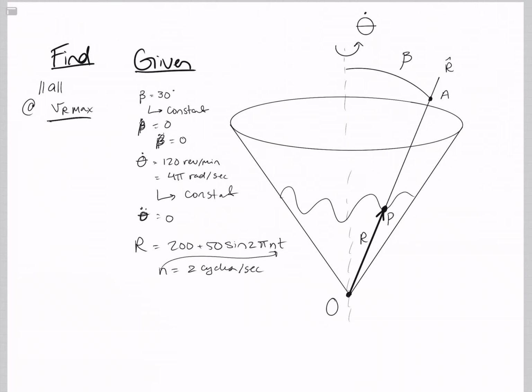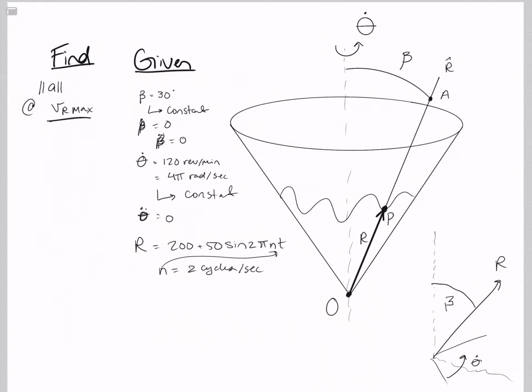Now, we're using spherical coordinate system equations to solve for this, and we'll get to that in a second, but if you know you're using spherical coordinate system equations, you know that you have to redefine this beta here, because that angle beta is not along the spherical coordinate system. If you were to redraw this vertical line over here, and then pretend that it's along an XYZ coordinate system, you have R going along this way, then you know theta dot is going around in that direction, just like theta does, but our beta angle is here.